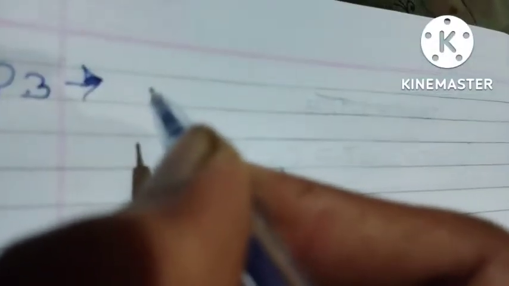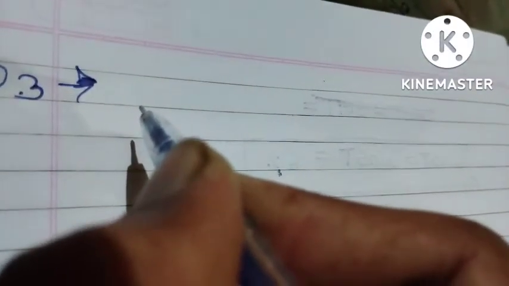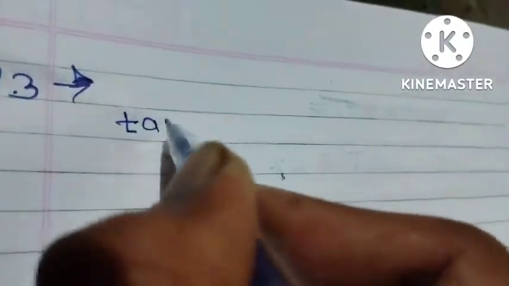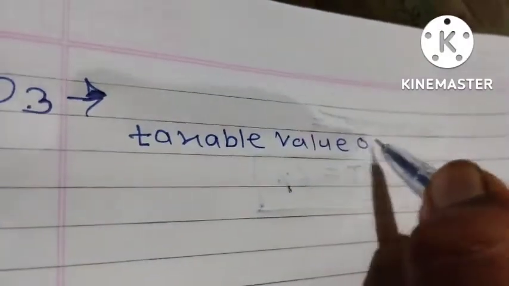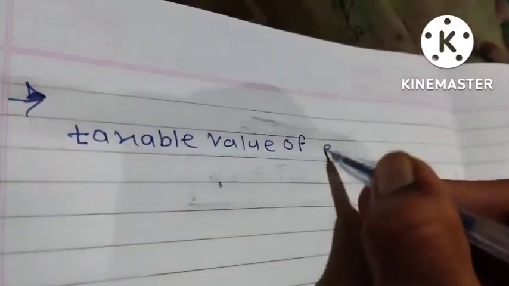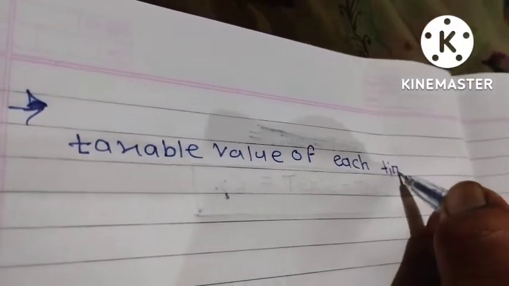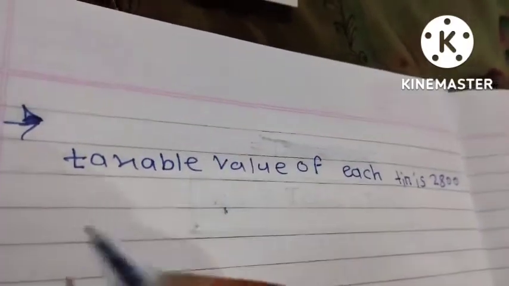Real Paint sold 2 tins of luster paint and the taxable value of each tin is 2800. So, let's write: taxable value of each tin is 2800.